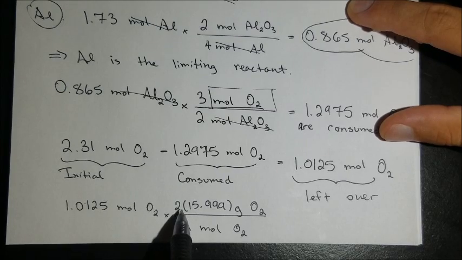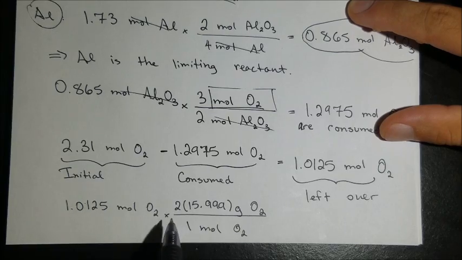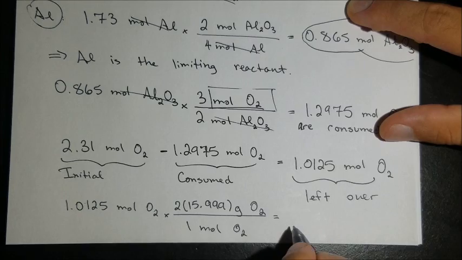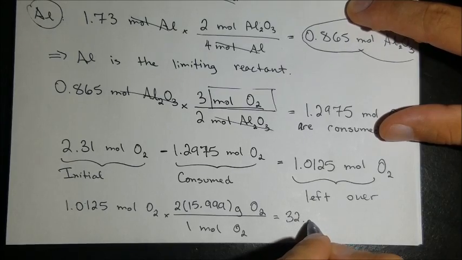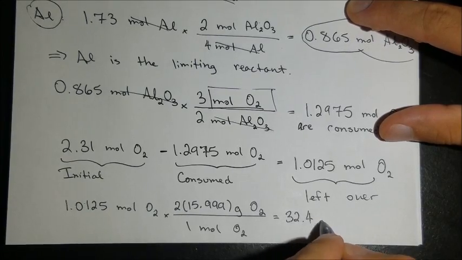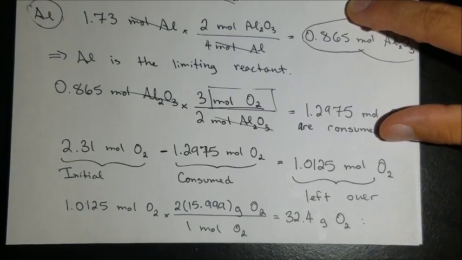Remember, we had the 2 here because we have 2 oxygen atoms in a molecule of O2, so we have to double that mass. And if I do this on my calculator, I would discover that I'm left with 32.4 grams of O2. And so that corresponds to C. So the right answer for number 1 is C.